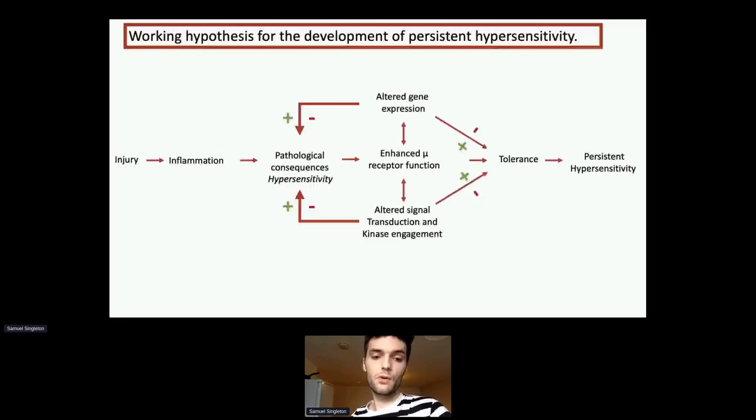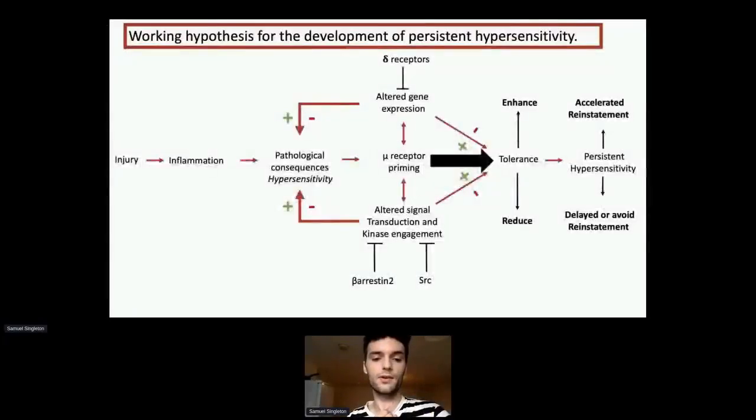But mu function will also alter the expression of genes involved in endogenous opioid tone, and also the pattern of kinase activation, both of which will feed back onto the pathological pain, leading to priming of the mu receptors for tolerance. And once this is then established, persistent hypersensitivity is reinstated. If you accelerate tolerance, you accelerate the reinstatement, whereas if you reduce tolerance, you can delay or avoid reinstatement altogether.